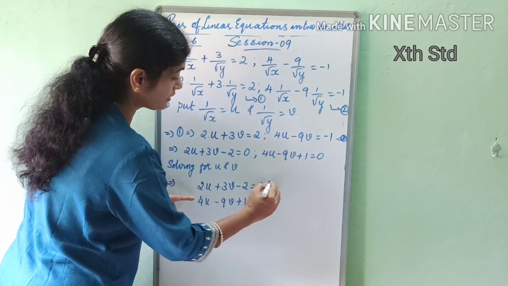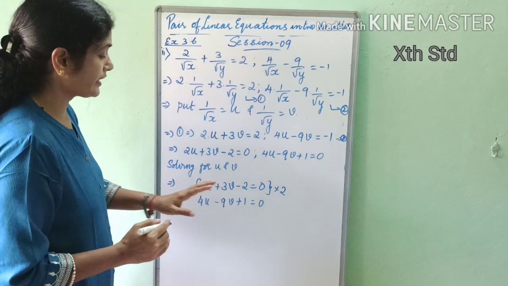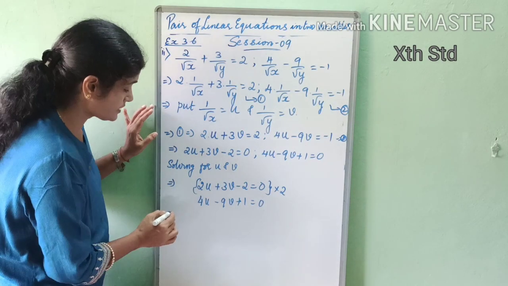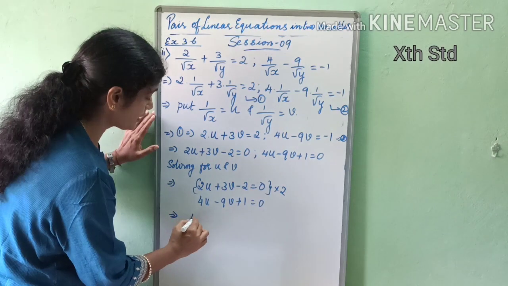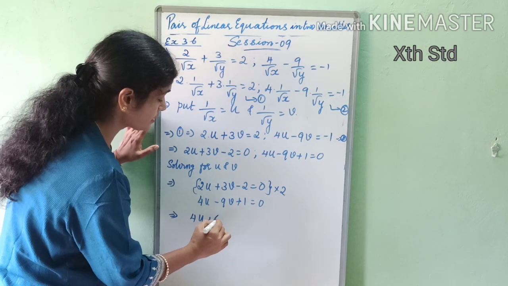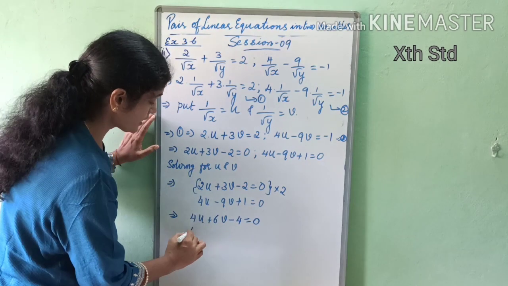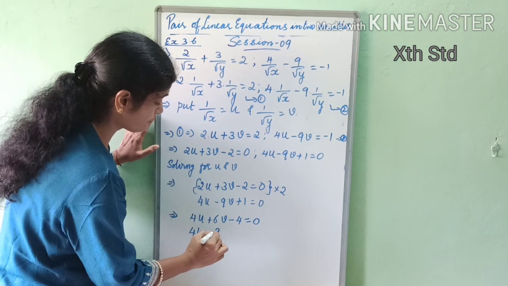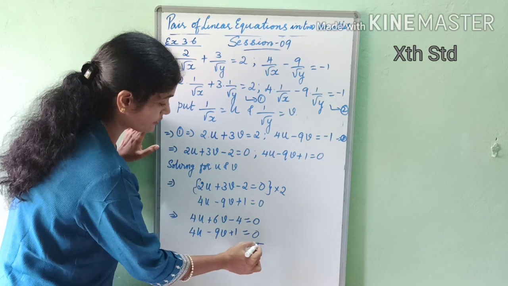Now I will multiply the first equation with 2 and keep the second equation as it is, that is equivalent to multiplying it by 1. So this becomes 4u plus 6v minus 4 equal to 0, and the second equation as it is, 4u minus 9v plus 1 equal to 0.